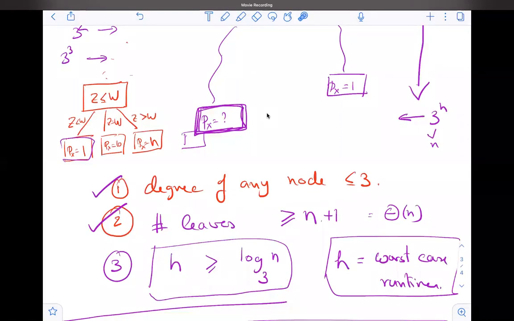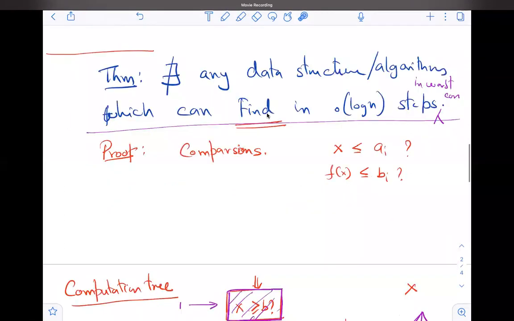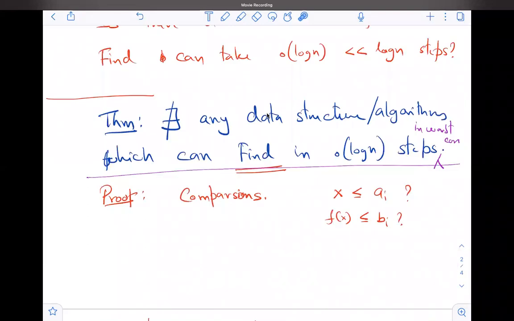So that means exactly what I have said, that there doesn't exist any data structure or algorithm for which you can do the find operation in much lower than log n steps in the worst case. Is this clear?